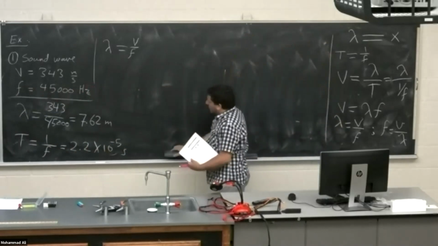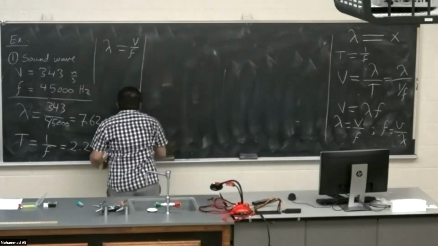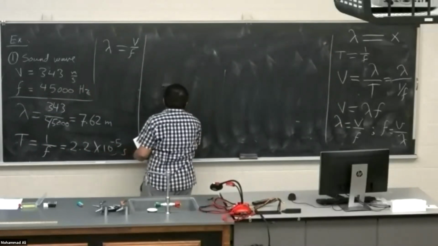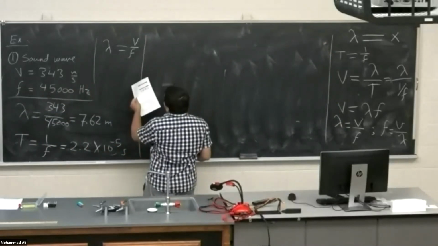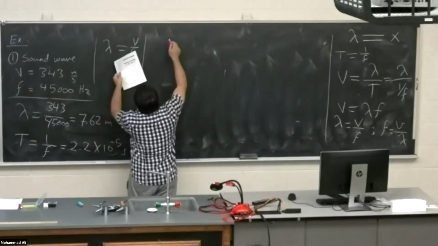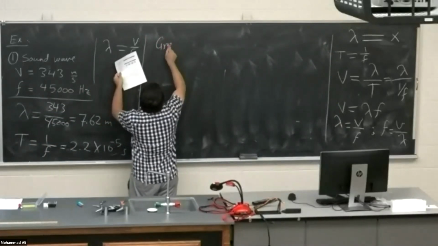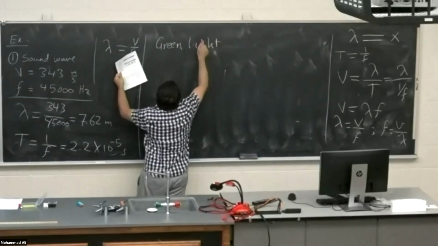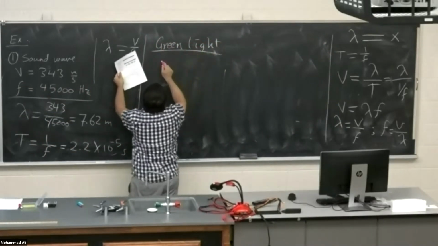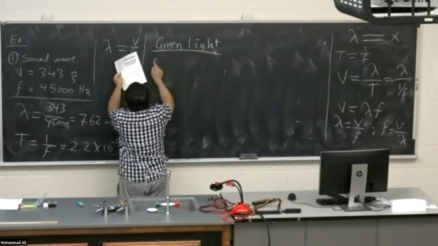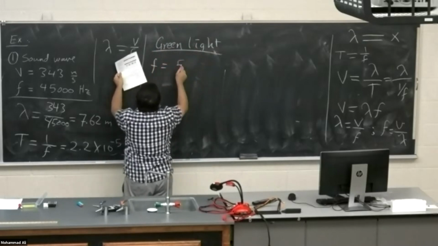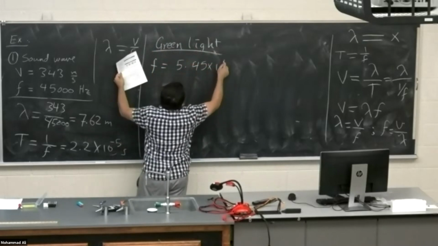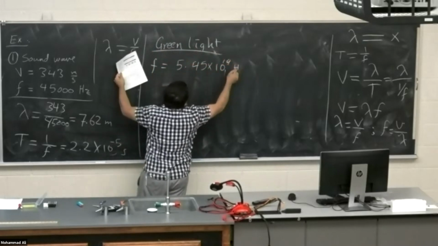Now the light, for example, we have colors. Each color has its own wavelength and its frequency. For example, we have the green light. The frequency is equal to 5.45 multiplied by 10 to 14 hertz.